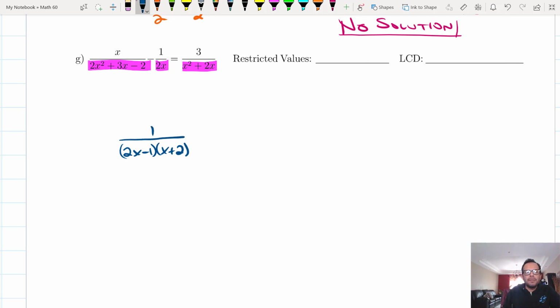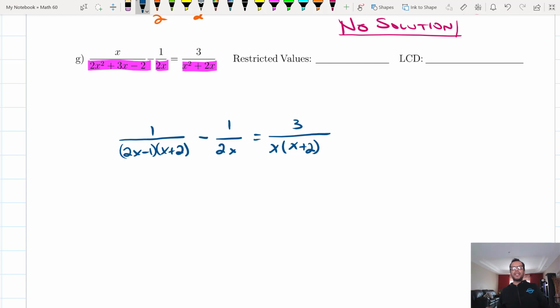The denominator of the second fraction remains the same. That's just a 2x, right? Equals. We can factor something out in the denominator of the fraction on the right-hand side. There's a GCF of x, leaving us with x times x plus 2. All right.